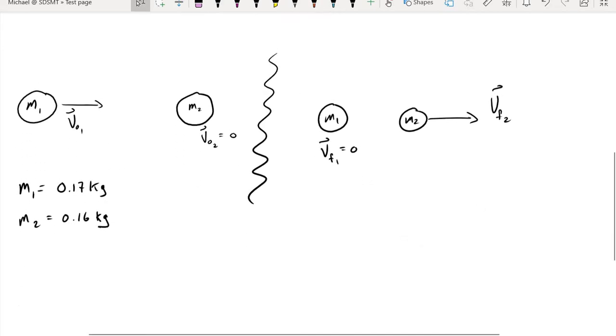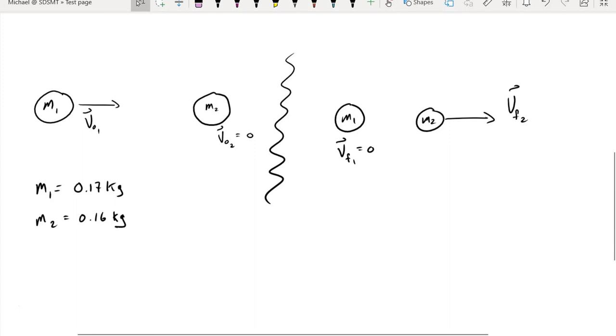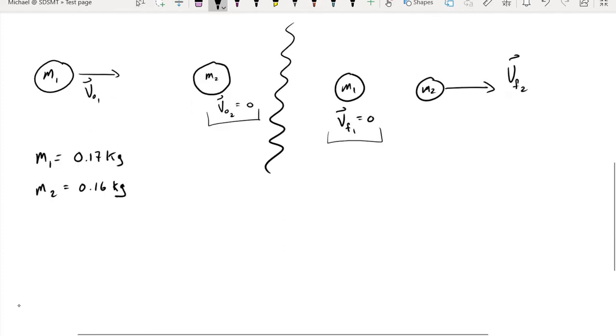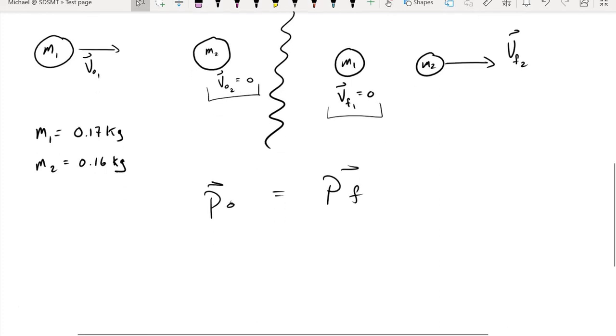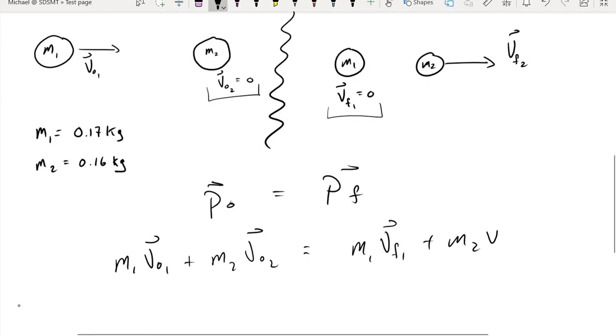Now, if the masses of the two balls were the same, given that these two velocities are 0, the momentum that we start with in the system has to equal the momentum that we end with in the system. So what do we have here? Well, we have mass 1 times its initial velocity plus mass 2 times its initial velocity has to equal mass 1 times its final velocity plus mass 2 times its final velocity.